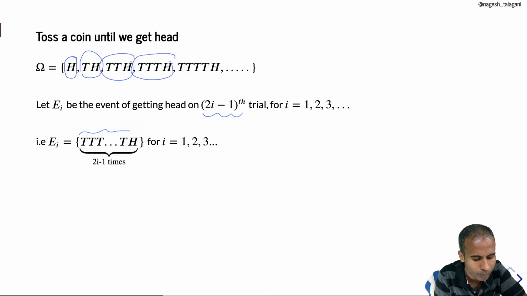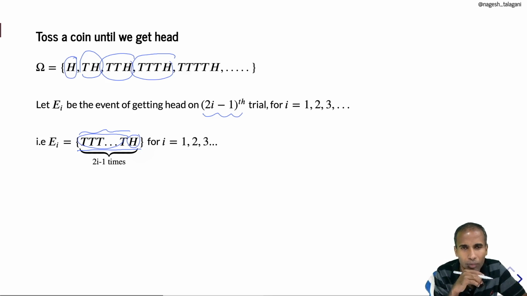These are all tails; the only head you will see is at the end. The total length of the string is 2i minus 1. So Ei consists of only a single outcome of length 2i minus 1. Fine. So how can I describe the event of requiring an odd number of trials to see a head?